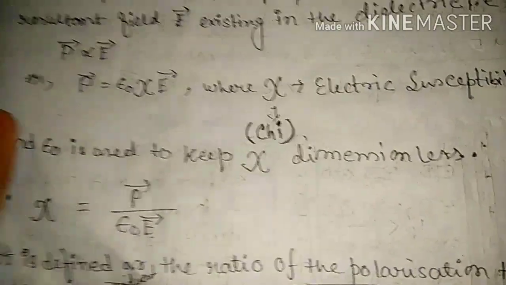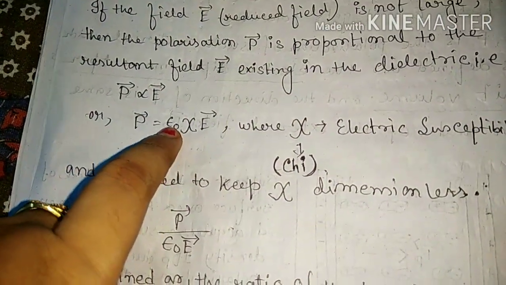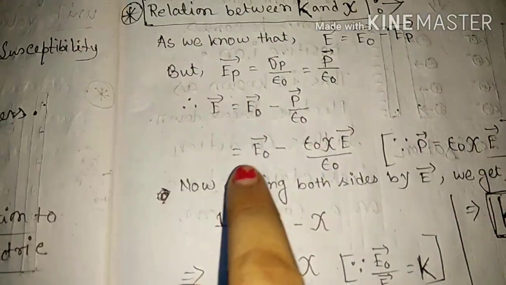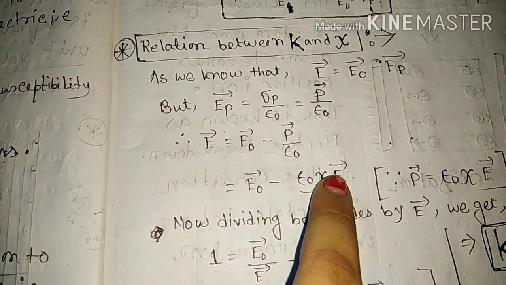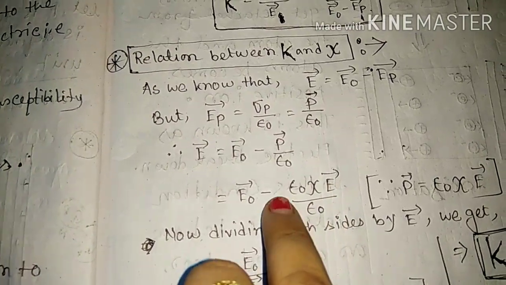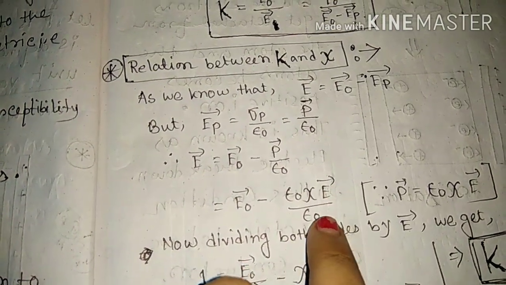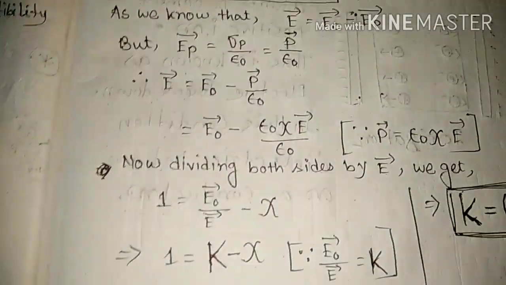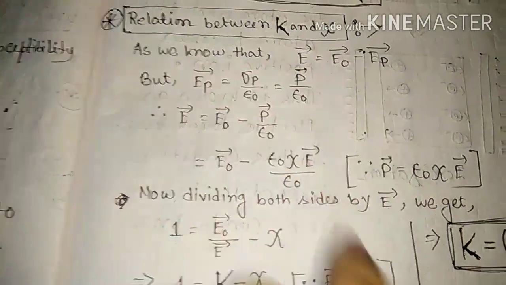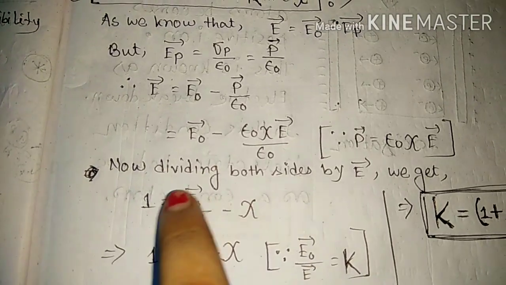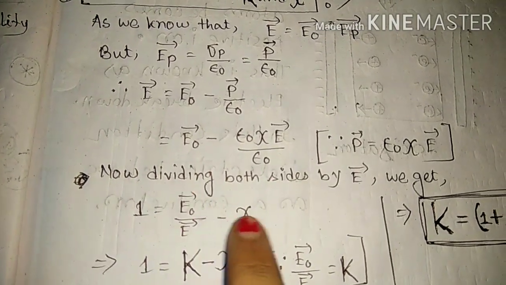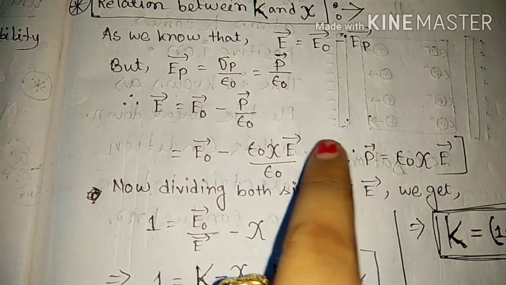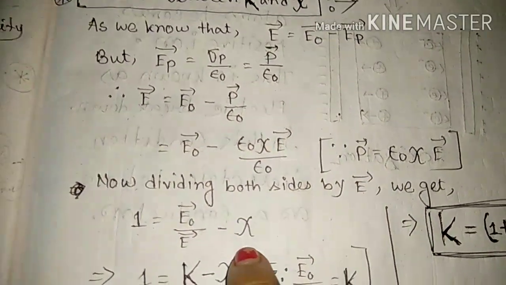Now from the definition of electric susceptibility, P equals epsilon naught chi into E. In place of P we write it here: E0 minus epsilon naught chi E by epsilon naught. Now if we divide both sides by E, we get 1 equals E0 by E minus chi, because epsilon naught cancels and E cancels, leaving only chi.